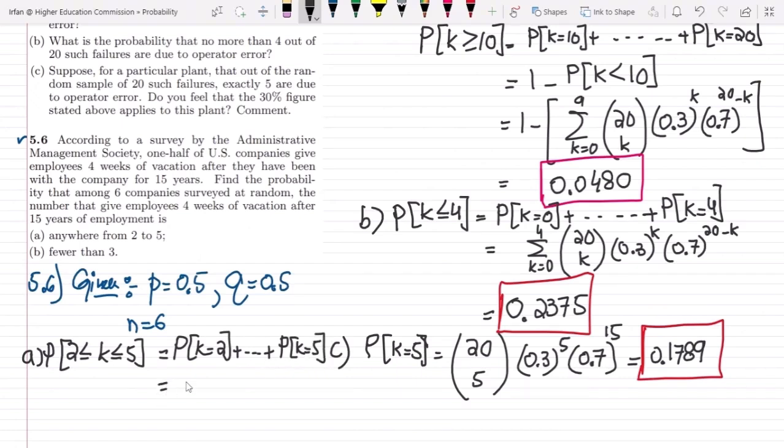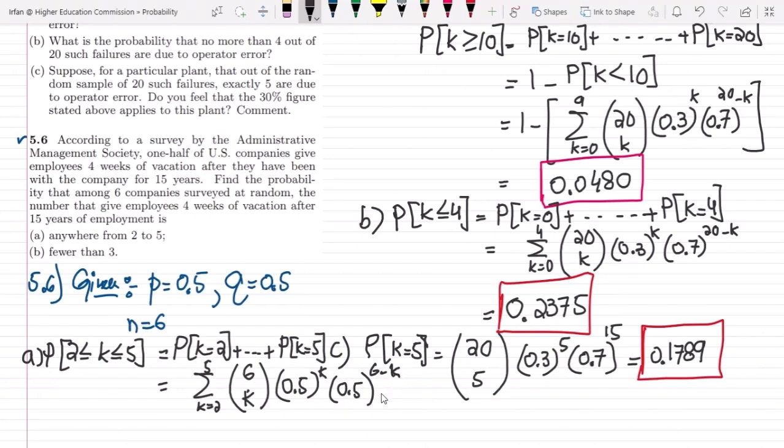Let me apply the same formulation as we did here. So let me start here, k from 2 up to 5, and n is 6. That is the formula for the binomial probability distribution: 6 choose k, and the probability of the vacation is 0.5, so 0.5 to the power k and also 0.5 to the power n minus k, so it would be 6 minus k.